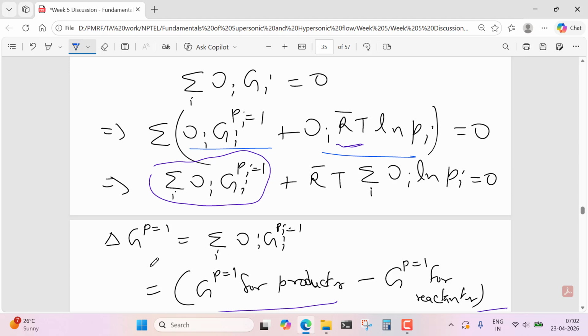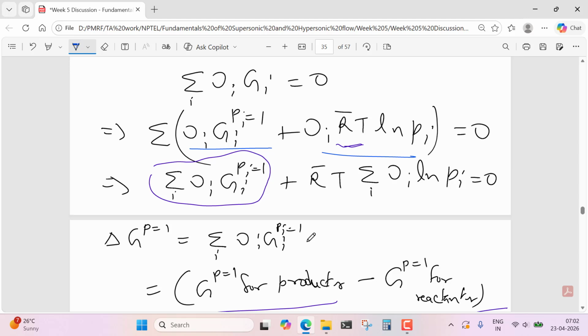Let's write this term, sigma mu i Gi at P equal to 1, equal to delta G at P equal to 1, which is nothing but sigma i mu i Gi at P equal to 1.